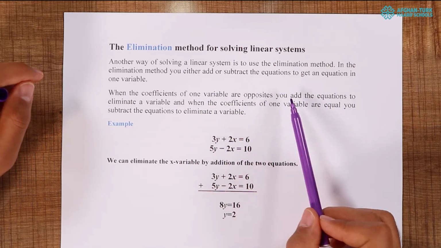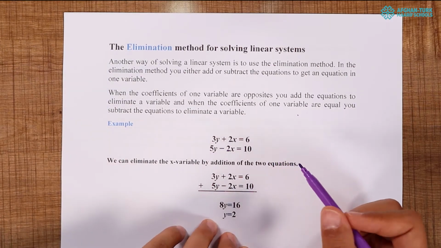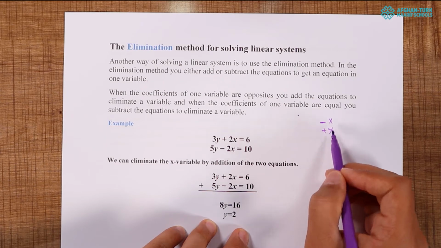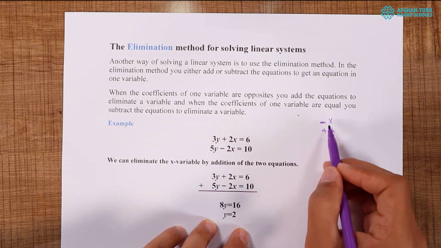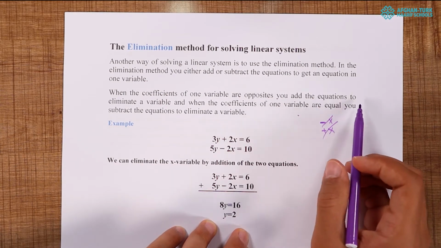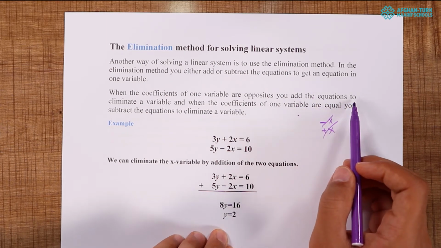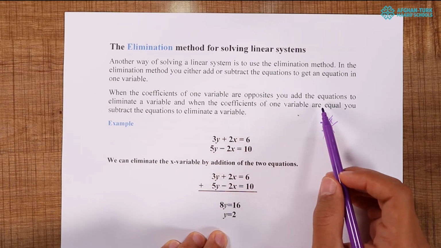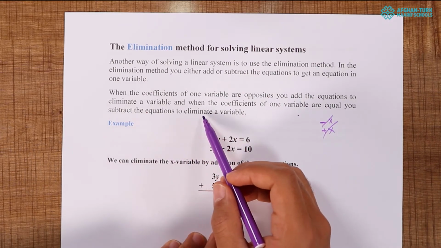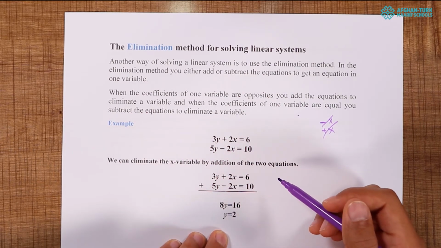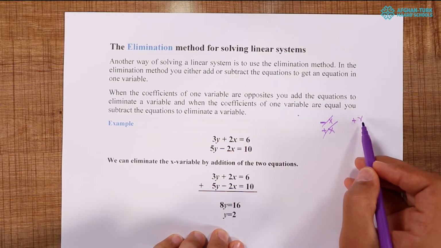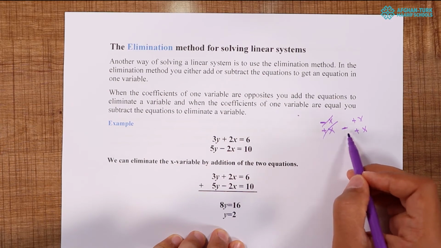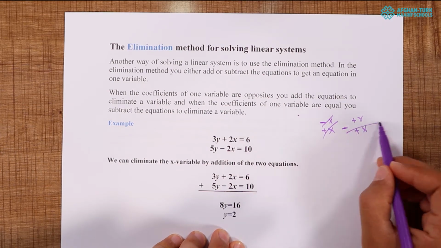Opposite means, for example, minus x and plus x, and we are going to eliminate it. It means we are going to cancel it. And when the coefficients of one variable are equal, you subtract the equations to eliminate a variable. When they are, for example, plus x and plus x, you are going to subtract them.